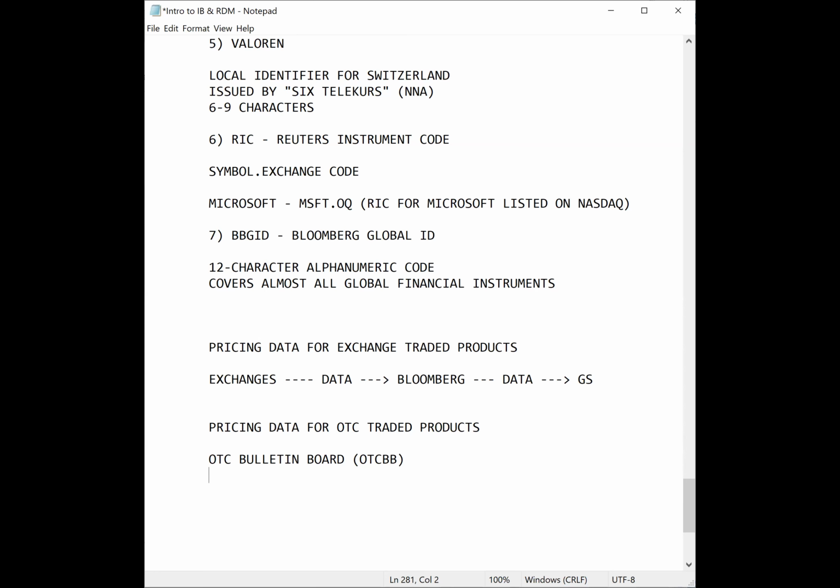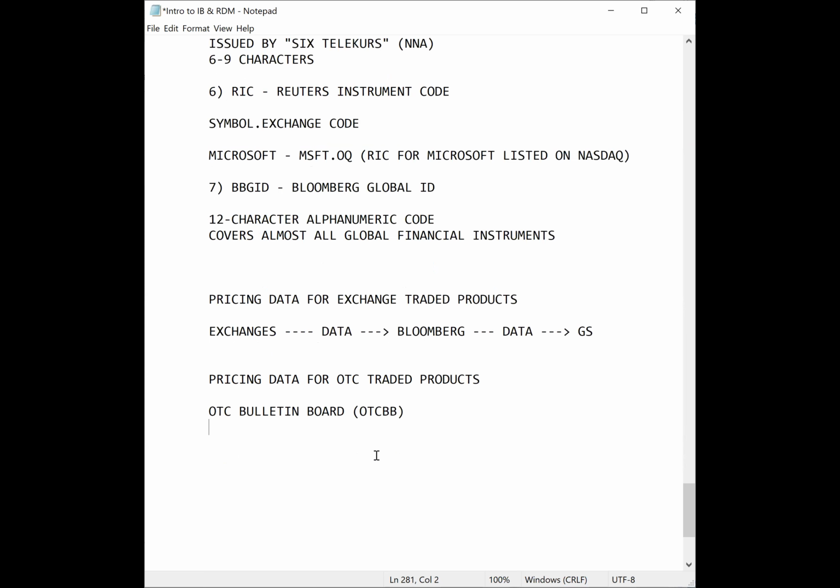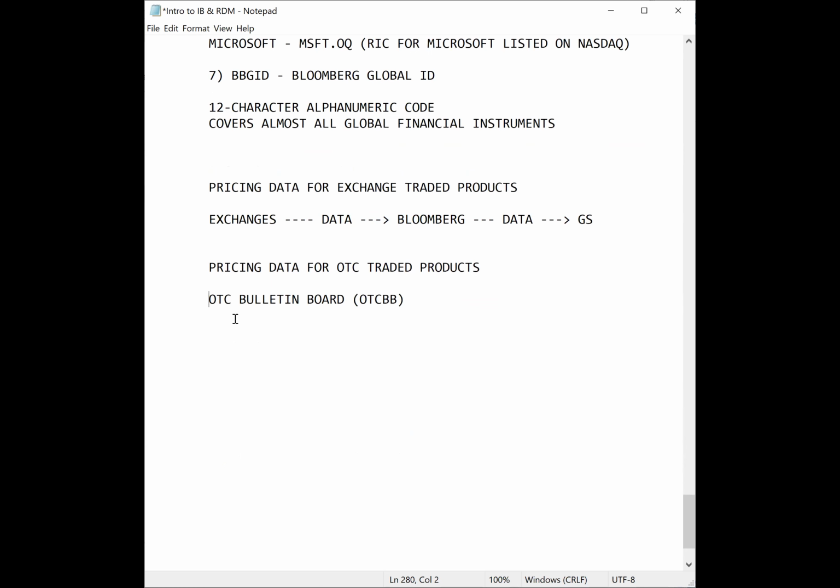Those OTC securities that are more popular or those which meet the regulatory requirements, for those OTC securities, the pricing data would be provided on the OTC bulletin board. So that's the first preference where you can search for this data.